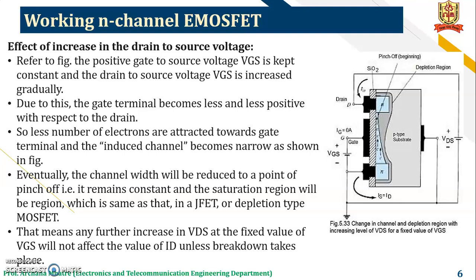Eventually, the channel width will be reduced at the point of pinch off, that is, it remains constant, and the saturation region will be the same as that in a JFET or depletion type MOSFET. That means any further increase in VDS at the fixed value of VGS will not affect the value of ID unless breakdown takes place.